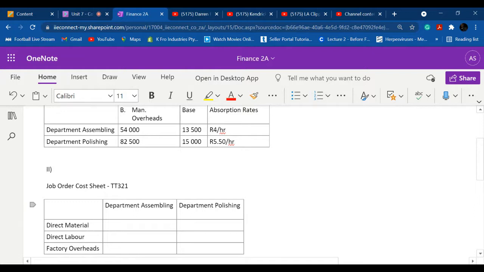We know that if you look there, under the table, it says during January, the following costs were incurred on job TT321. So for direct material, it doesn't say which department, so it doesn't actually pertain to the department. Maybe let me do this, just to make it nice and neat.